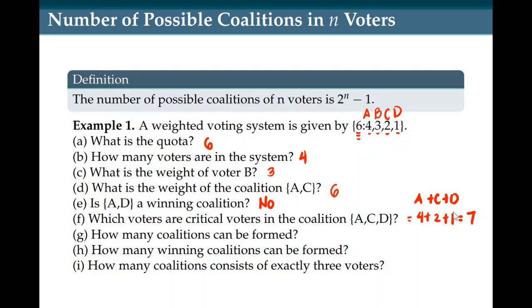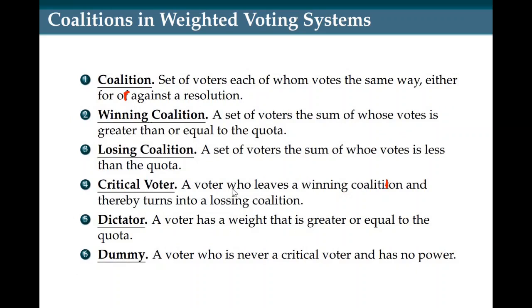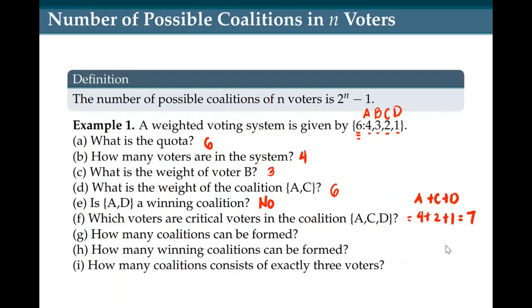So if voter D will be out, so minus 1, the sum of the votes still equals the quota. So voter D is not a critical voter, because a critical voter is a voter who leaves a winning coalition and thereby turns it into a losing coalition. But if voter D will be out, this is still a winning coalition.